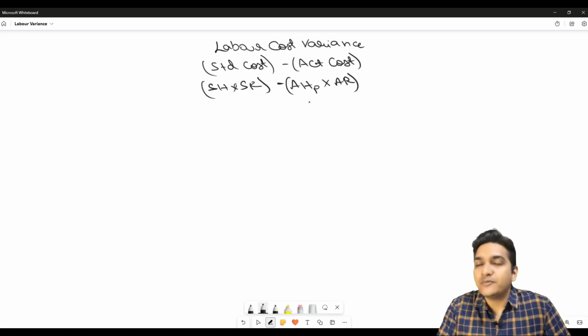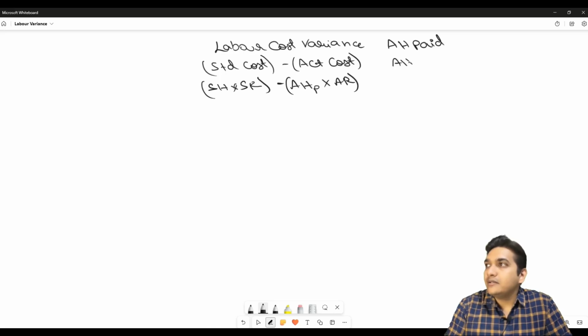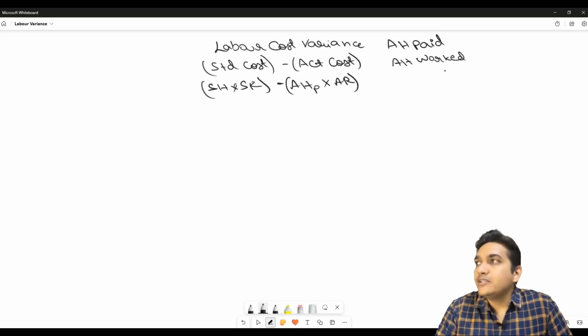What is actual hours paid? We did not have something like that in material. Let us understand. In labor cost, we have two different types of actual hours: one, actual hours paid, and the other, actual hours worked. What's the difference between these two? Actual hours paid is the number of hours I'm actually paying the labor to work for.